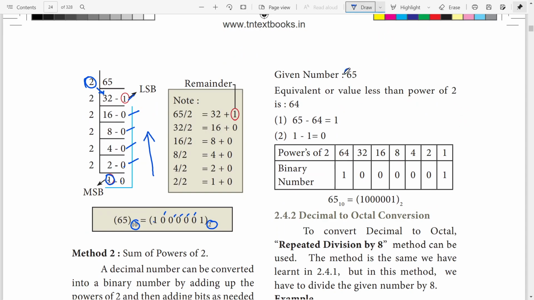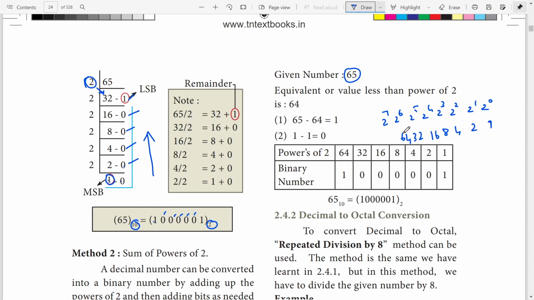The value is 65. First mention 2 power 0, 2 power 1, 2 power 2, 2 power 3, 2 power 4, 2 power 5, 2 power 6, 2 power 7. Write the values 1, 2, 4, 8, 16, 32, 64.